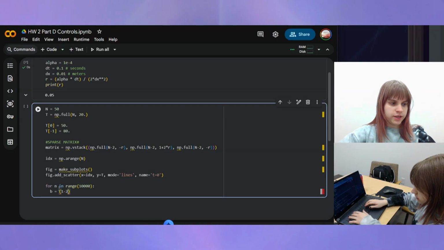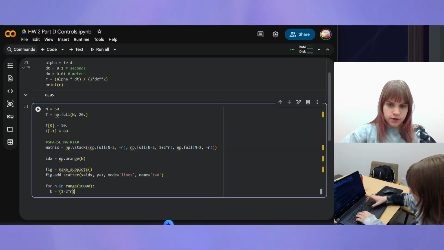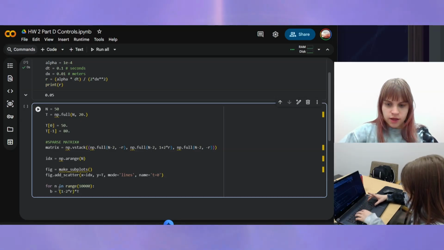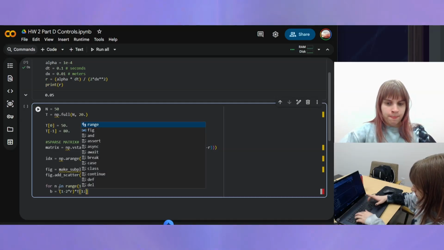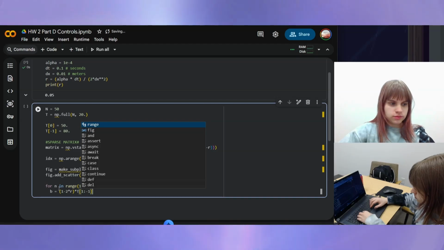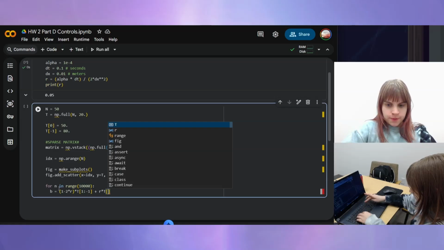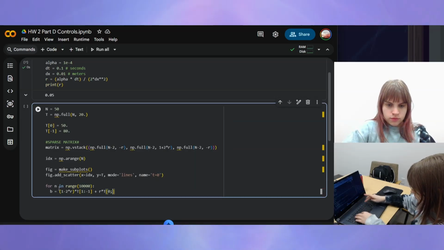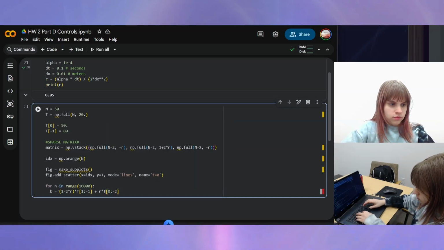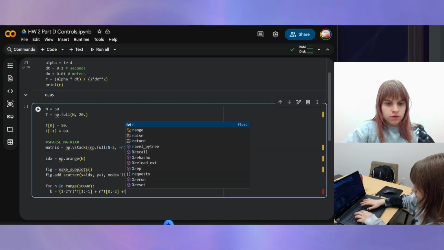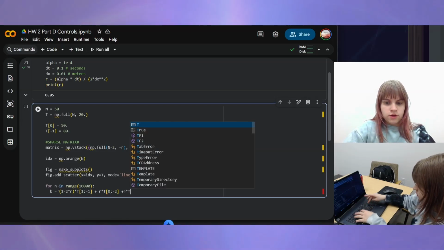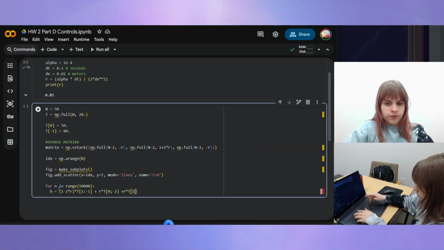That should be 1 minus 2 times r times the temperature at any moment plus r times the temperature, r times the other temperature, or that should be 2.